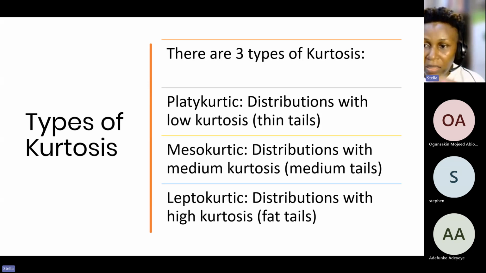Now, mesokurtic has medium tails. That is what we call mesokurtic, it is typical, more like our normal distribution. The distributions with medium kurtosis have medium kinds of tails. The tails are not too thin, they are not too fat, they are more like our normal distribution. Now, leptokurtic has high kurtosis.